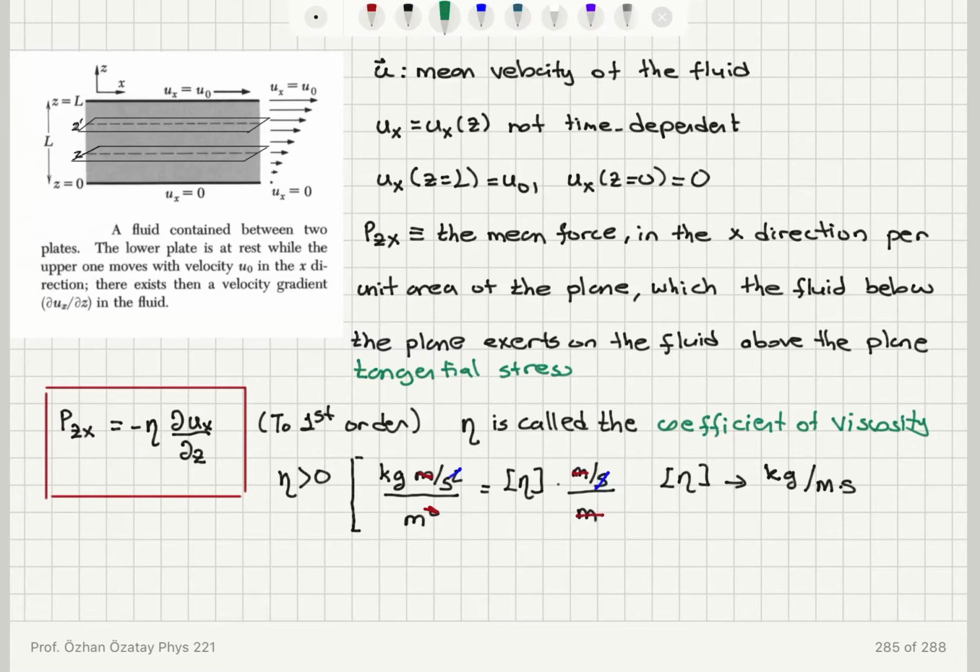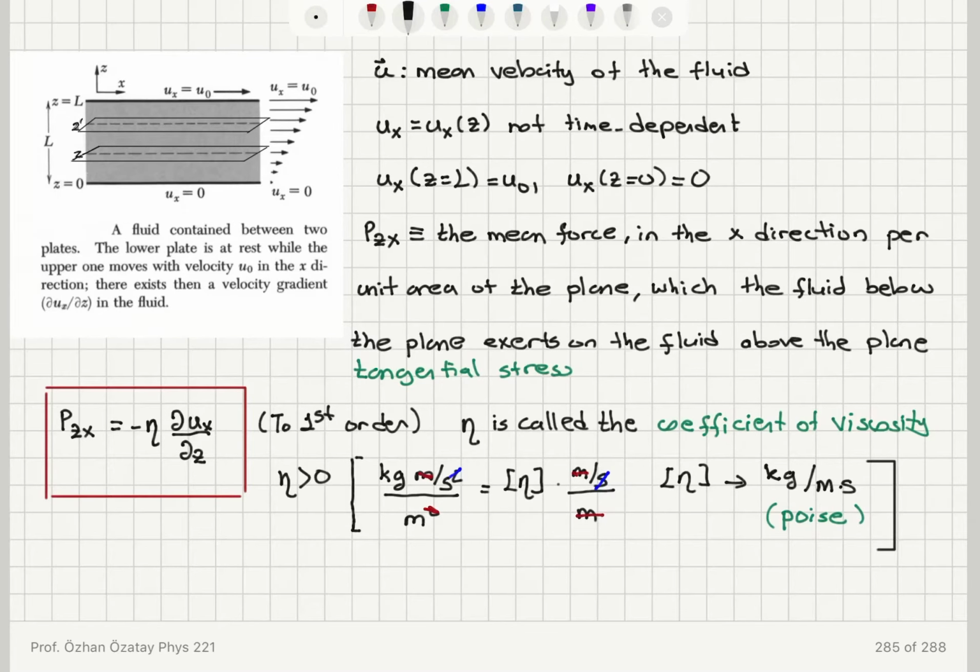So kilograms per meter second is called poise. So the viscosity is measured in units of poise, which is kilograms per meter second.